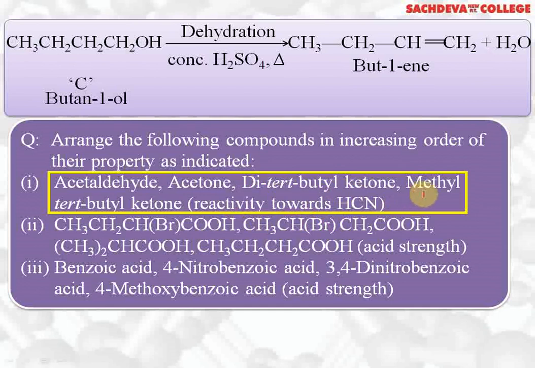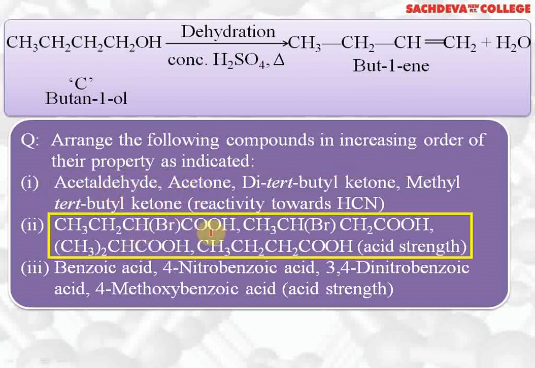Second least reactive will be methyl tert-butyl ketone. And second most reactive will be acetone because of steric hindrance and positive inductive effect of the two methyl groups. Acetaldehyde will be most reactive in this category. So least reactive di-tert-butyl ketone, second least reactive methyl tert-butyl ketone, then acetone, then acetaldehyde is most reactive.